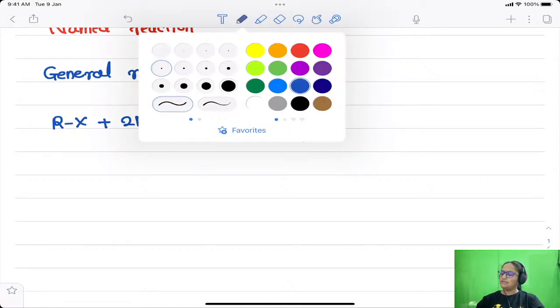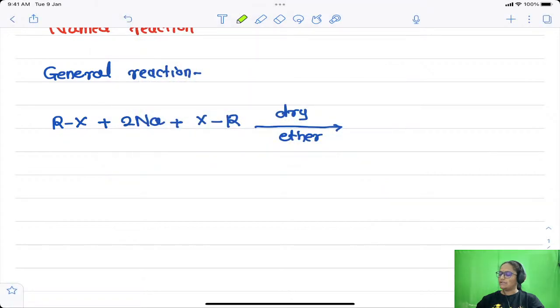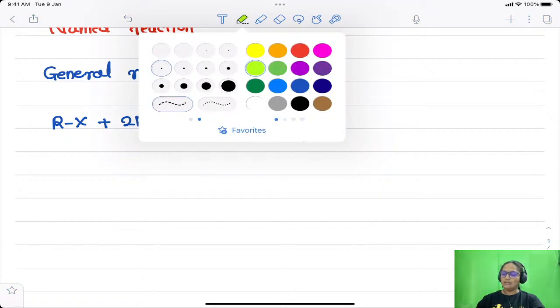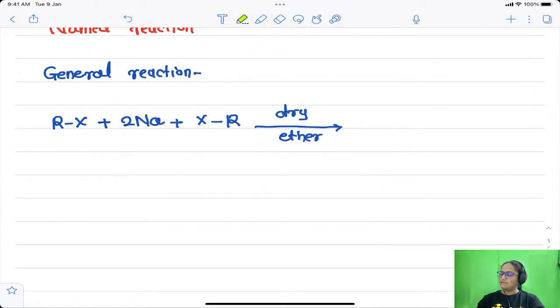To write down the product of this reaction is really very easy. How? Simply delete this part: the 2 X, that is the halogen atoms from the alkyl halides, and the 2 sodium atoms you are going to remove.